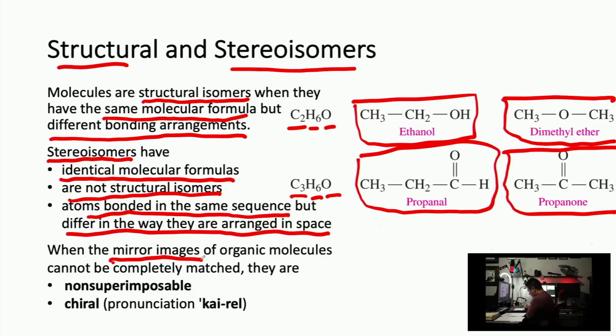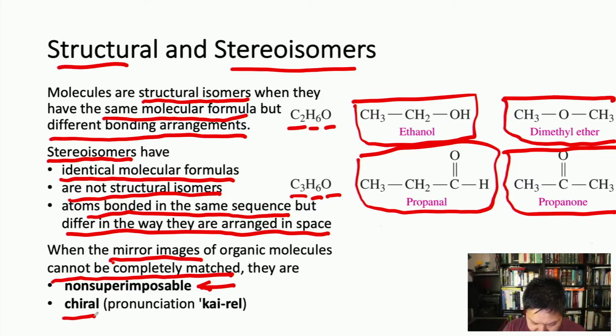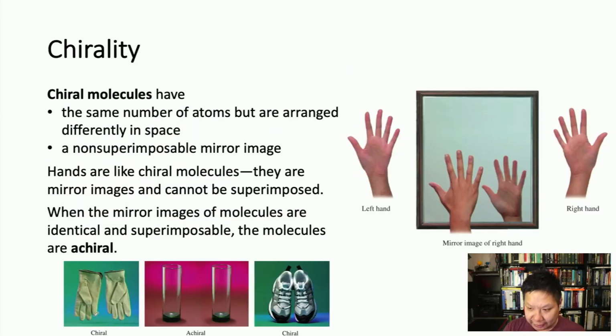If their mirror images cannot be completely matched, they are described as non-superimposable, which I'll show you a graphic that shows in a second. And also, they are known as chiral. Chirality is important, especially when we're talking about biochemistry, active sites of enzymes, and things like that. So important that it's the next slide.